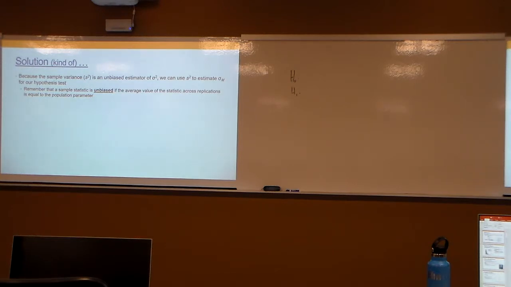So, if we're talking about our sample variance, we know that our sample variance is an unbiased estimator of our population variance, right? And Kristen, what am I doing to make my sample variance an unbiased estimator of my population variance? It's contingent upon your sampling procedures?